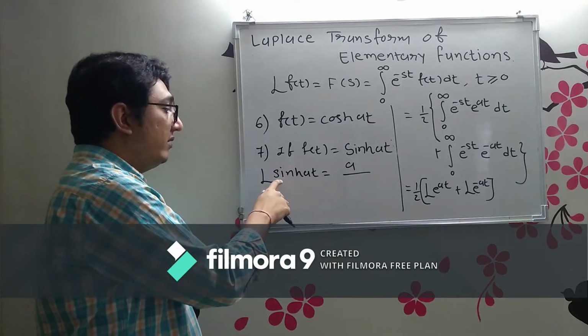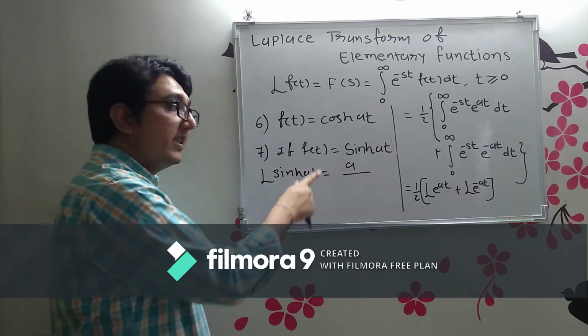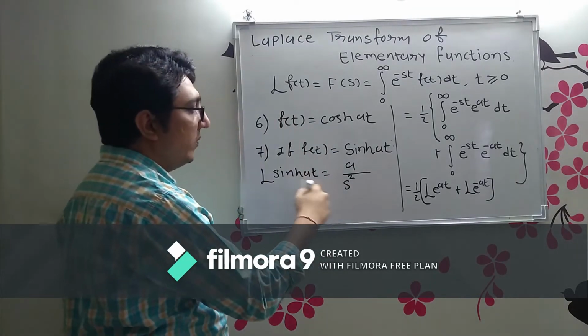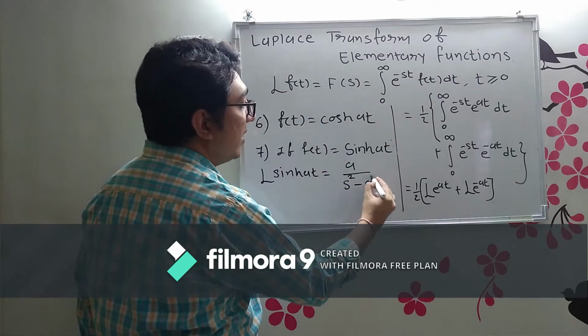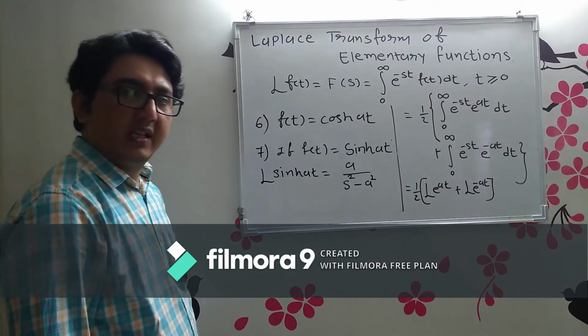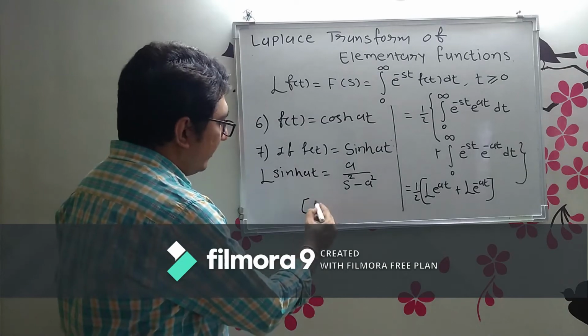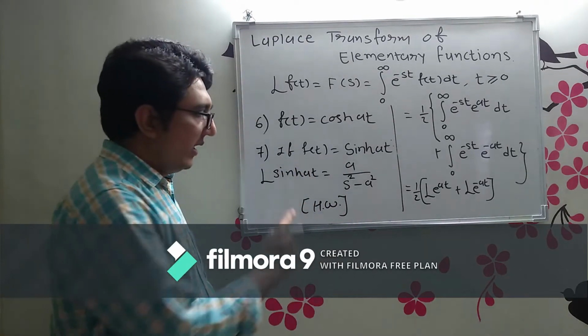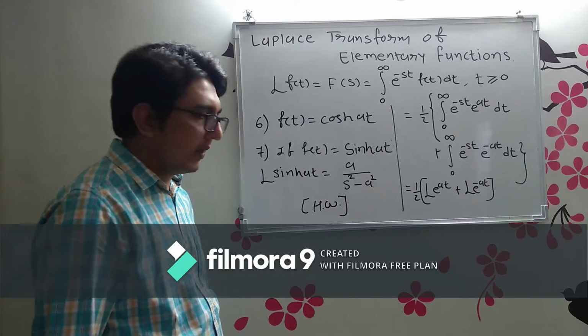What is the answer for Laplace of sine at? It is a upon s square plus a square. For the hyperbolic function, it is a upon s square minus a square. Is it okay? I've given this as homework. Do it yourself. Tell me the difficulty.